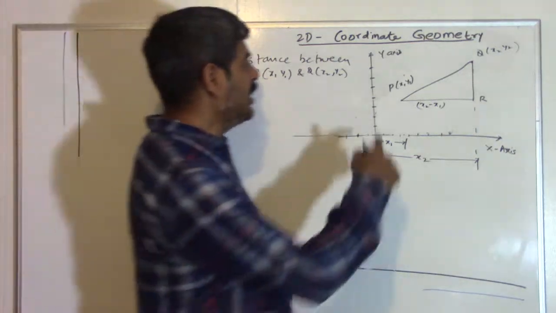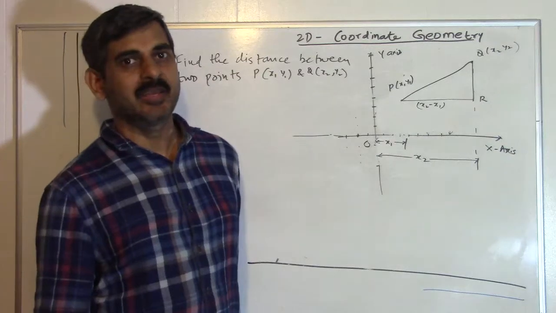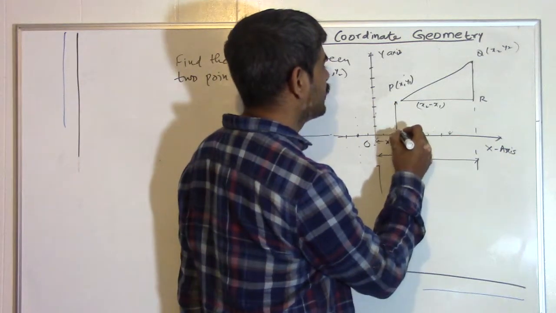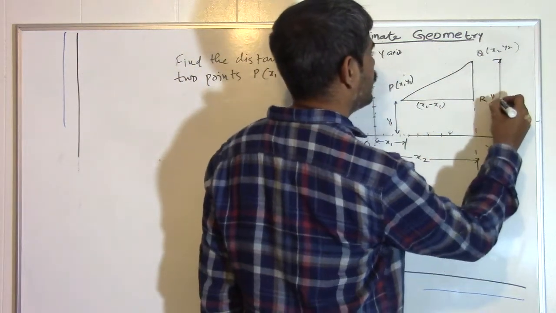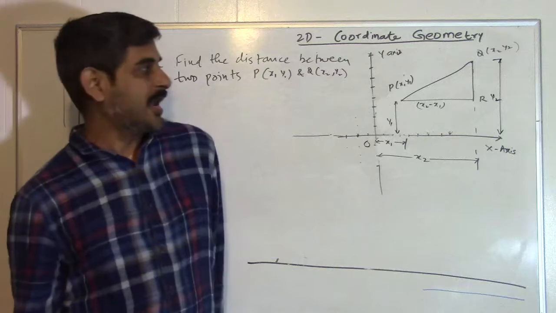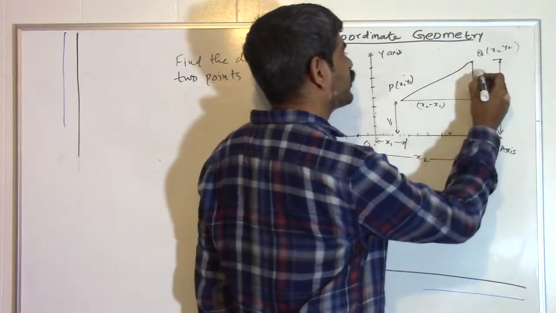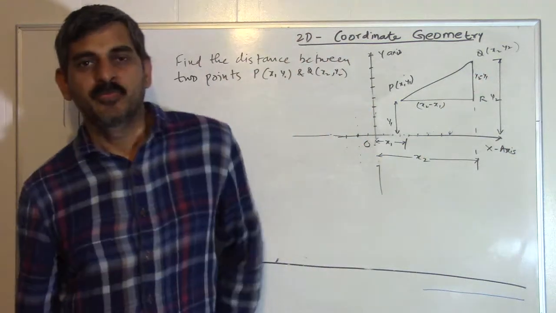In the same way, from P x1, y1, the second number y1 indicates the measurement along the y-axis, so this distance is y1, and in the same way this distance is y2, which means that we can find out QR by subtracting y2 minus y1. So this distance is y2 minus y1.